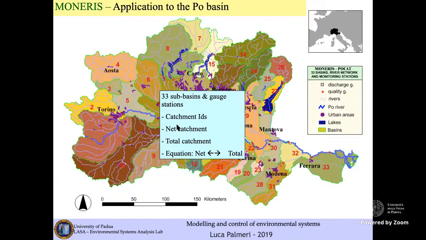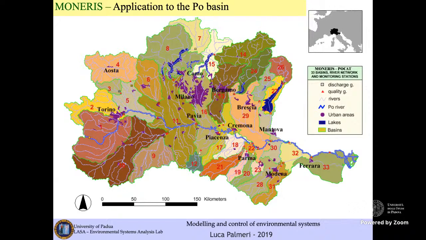So we have to identify 33 subbasins. For each subbasin, a gauge station or gauging stations in terms of discharge and water quality. For each one of these subbasins, we have to identify catchment IDs, the net catchment area, the total catchment area, and the equation that converts from the total to the net catchment area. Is it clear? Net catchment area, only the area of the subbasin.